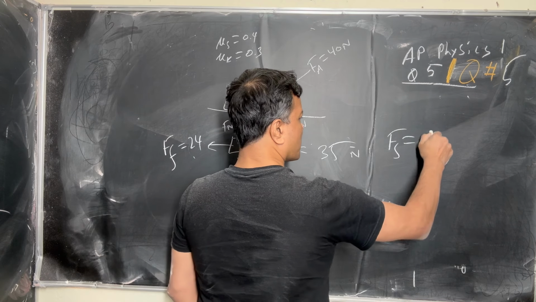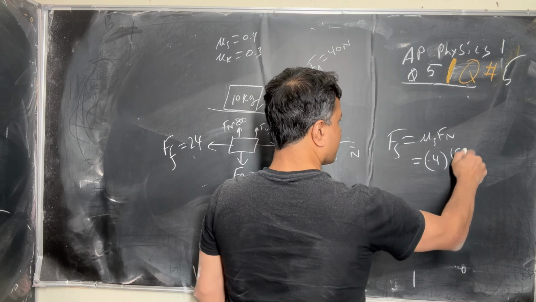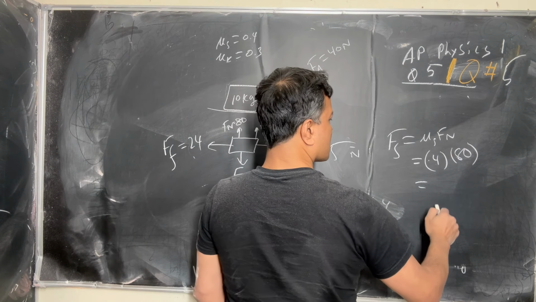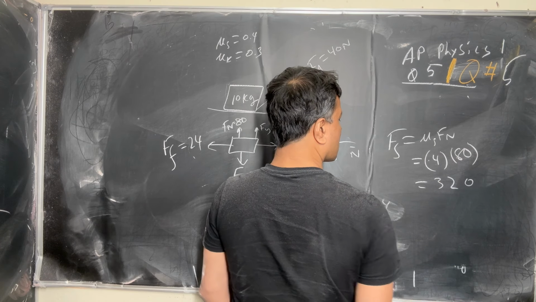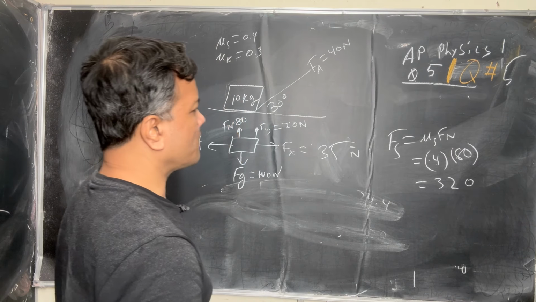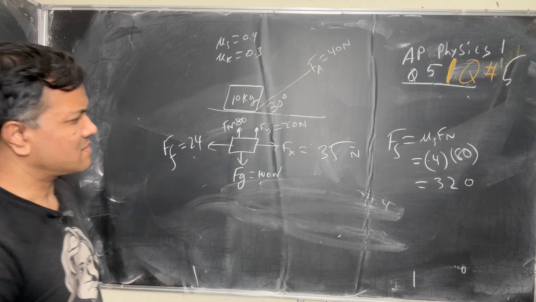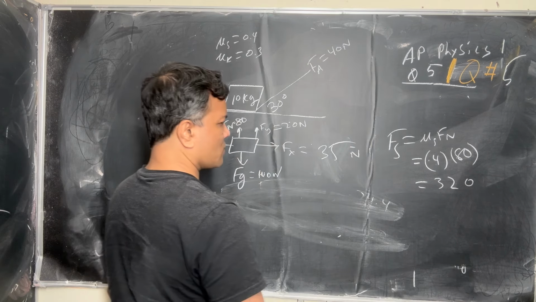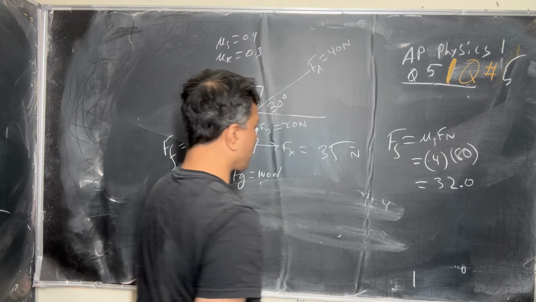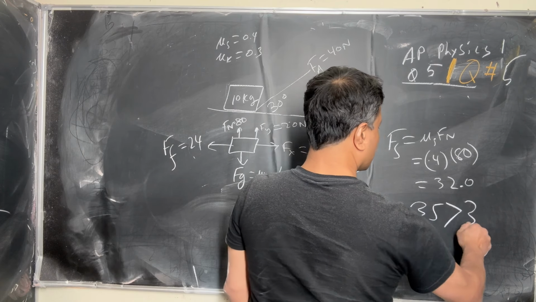Okay, all right, so what is the maximum Fs? Mu s Fn. Mu s 0.4, 80. So 0.4 times 80, so 32. So 35 is greater than 32.